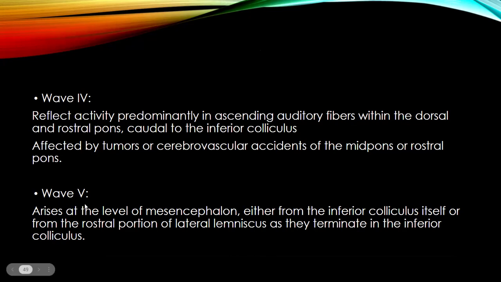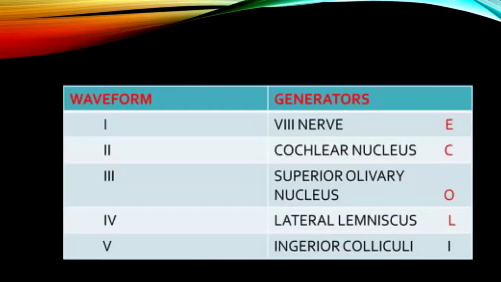Coming to wave 5, this arises from the level of the brainstem, either from the inferior colliculus itself or from the rostral portion of the lateral lemniscus as they terminate in the inferior colliculus. So wave 4 arises from the mid pons to the rostral pons region. Wave 5 arises from the mesencephalon as it goes towards the lateral lemniscus. So this is how the waveforms are.